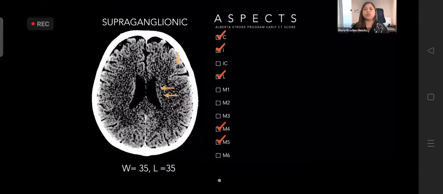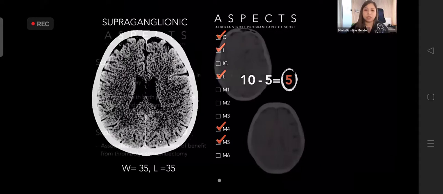infarction. And so to compute the final aspect score, as I've said, from 10, you subtract all the areas that are involved. So for this particular patient, 5 areas are involved, and so the aspects would be 5. And what does this mean?